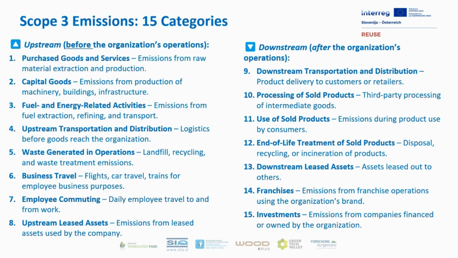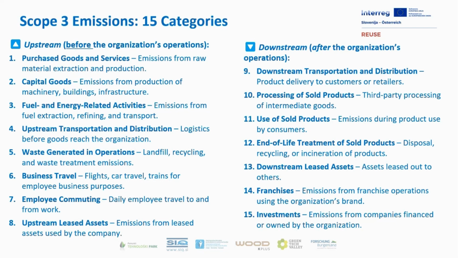Starting with upstream emissions, like we said, these are emissions linked to activities that take place before the company takes ownership or control of a product or service. First category, purchased goods and services.